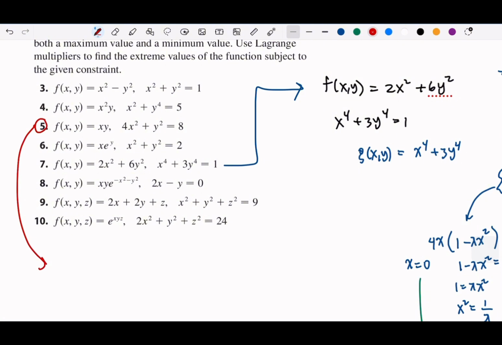Okay, so number 5. How to start solving this number 5? Well, remember the principle: del f equals del g, and don't forget to multiply by the Lagrange multiplier lambda.